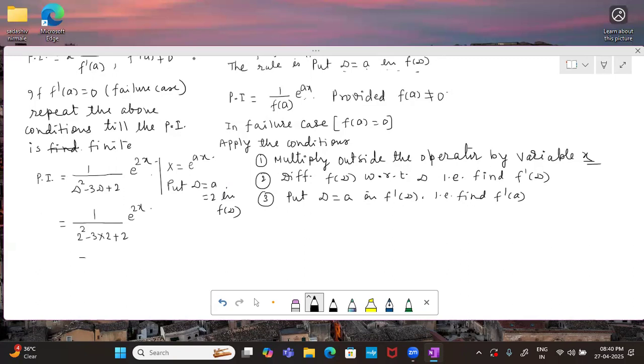Then this will be 1 upon 4 minus 6 plus 2, that is 6, minus 6 will be 0, e raised to 2x. So the rule fails.